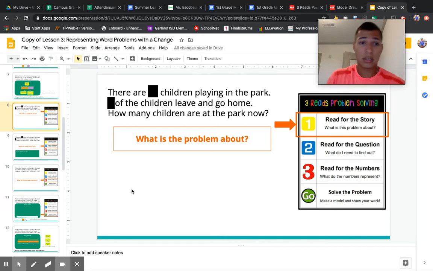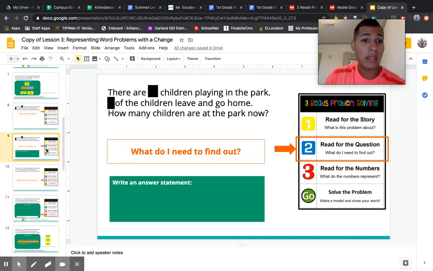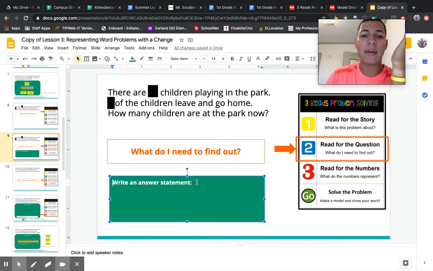Okay, let's come back here now. Step 2. So we're trying to figure out, listen, I'm asking again. There are blank children playing in the park. Blank of the children leave and go home. How many children are at the park now? What do I need to find out? We have to write our answer statement. Think about it for a second. What are we trying to find out?